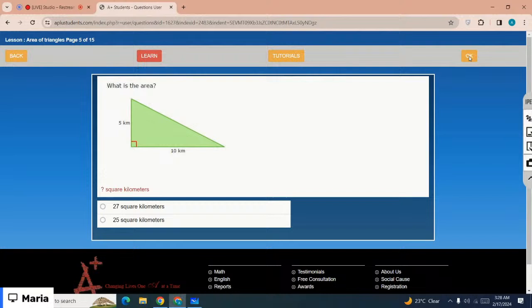The correct option is, yes, that is 25 square kilometers. Option number 2 is the correct option.